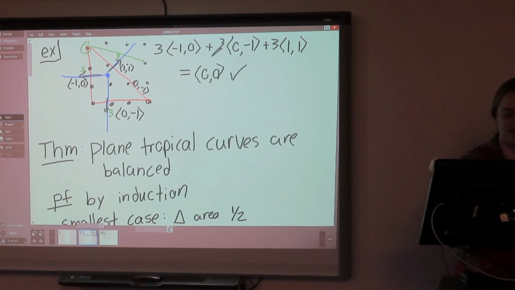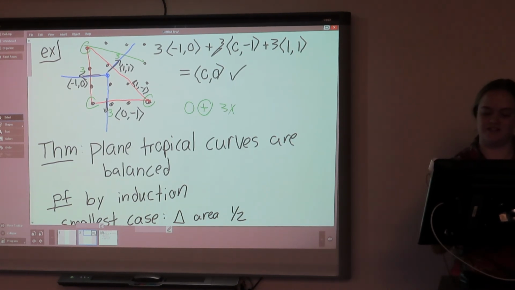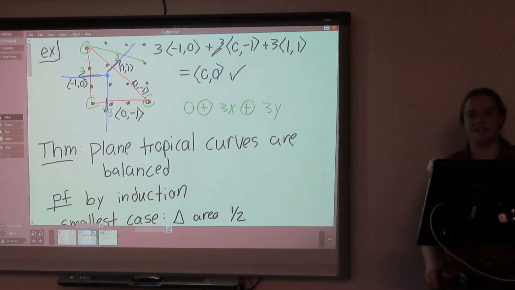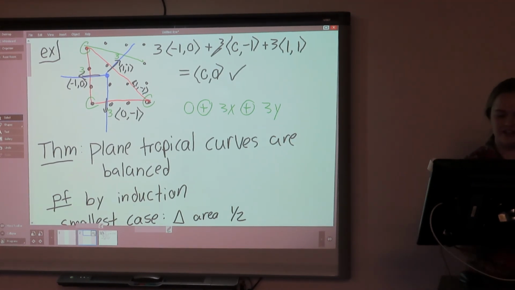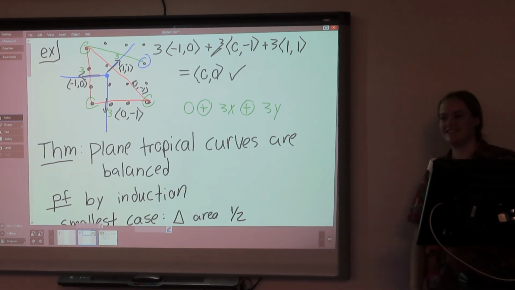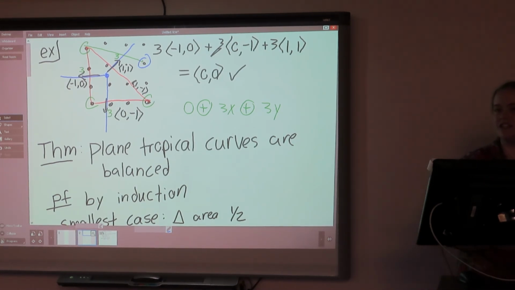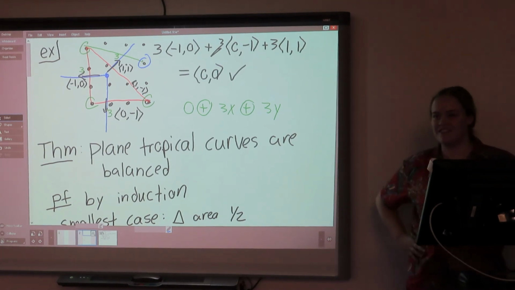So you would need something that's 0 plus 3x plus 3y. You could add 2x. But you couldn't add this one, for example, because then your max would be different, because then your convex hull would be different. Oh, okay. Sorry.